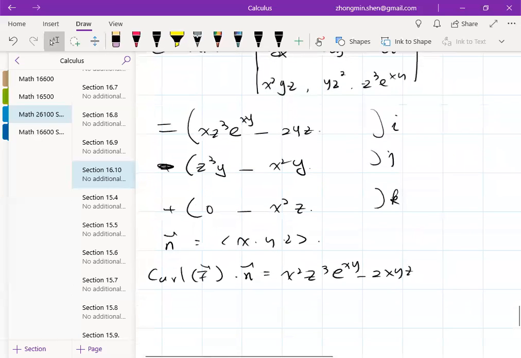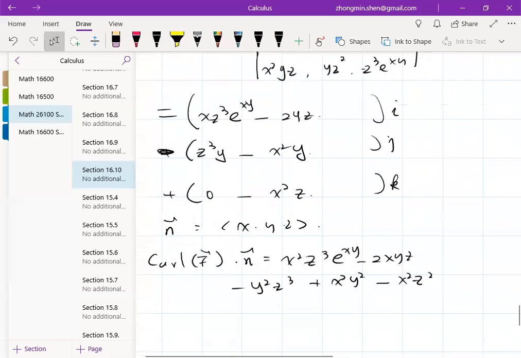Right, and then minus y squared z cubed plus x squared y squared, and minus x squared z squared. That's ridiculous. Okay, so yeah, it's not going to be simplified.